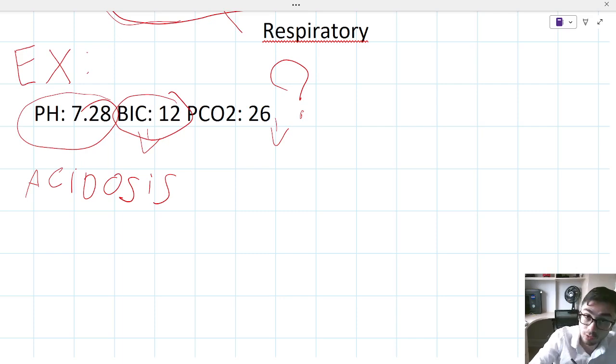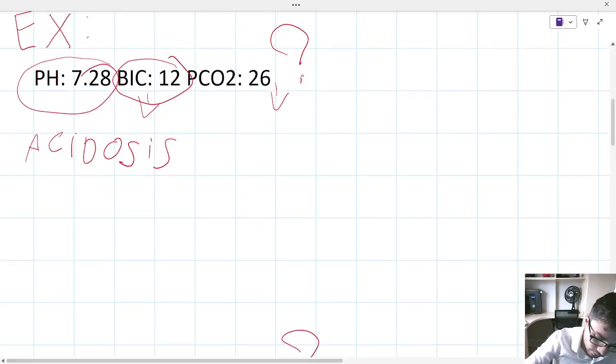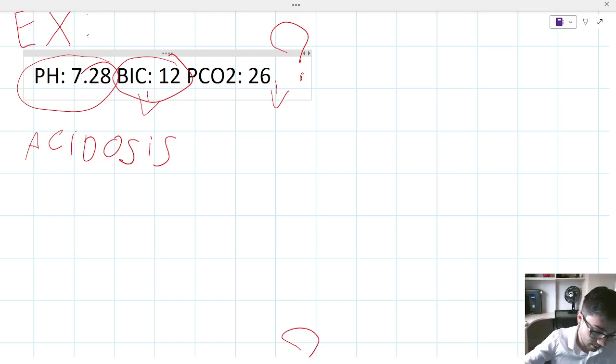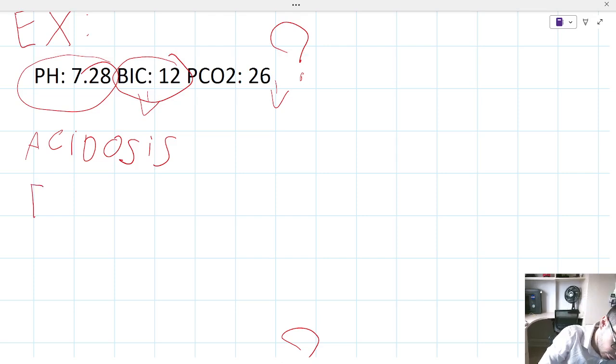Okay, this lower bicarb. So first of all we need to use that equation that I taught you last class. Okay, we need to know the value of the PCO2 that would compensate this lower bicarb. Okay, so do you remember?